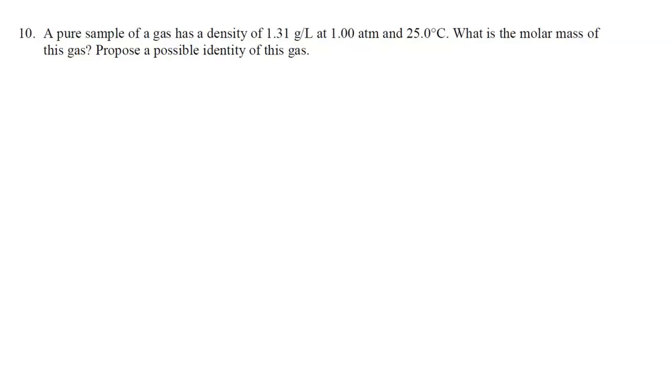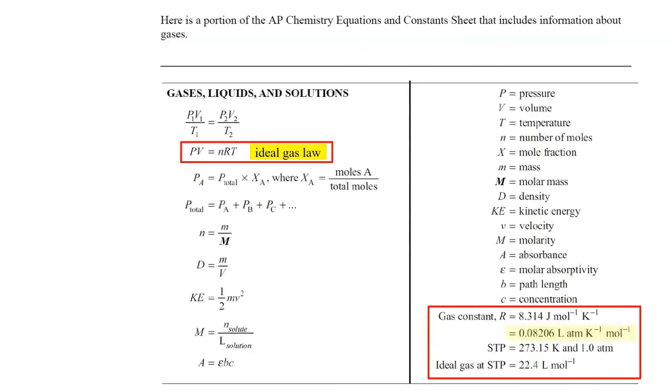So back in question 9, we needed to do a calculation to determine the molar mass of an unknown gas. And in that calculation, in question 9, we used the ideal gas law. So what we did in that calculation was we plugged in the values that we knew for pressure, volume, and temperature, and we calculated the number of moles of gas. So we can do a similar calculation here in question 10.